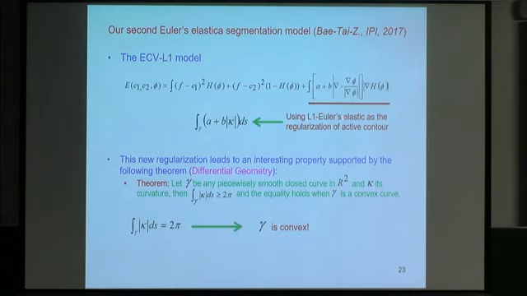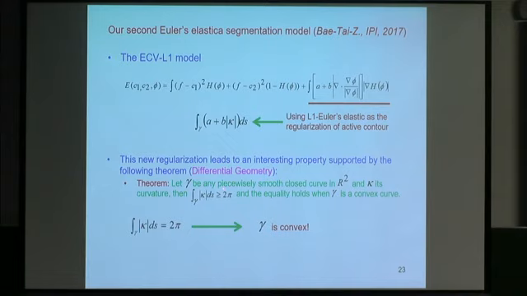We thought about it for a while, and finally found that we do have some geometric feature when using this kind of variant of Euler elastic. Previously Euler elastic always had a kappa square, and for this one, no, we use the absolute value of kappa. This is because of an important theorem from differential geometry: if gamma is a piecewise smooth closed curve in R2, then we must have this kind of inequality.